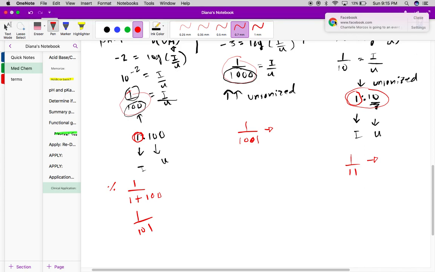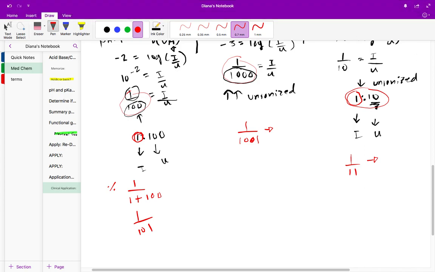All right, and so for that first question, 1 divided by 101, you'll get 0.99%.